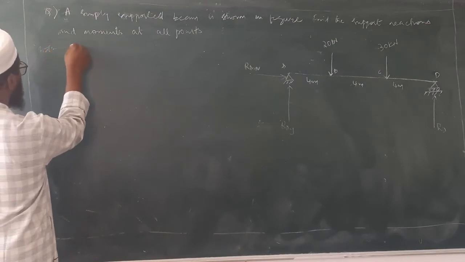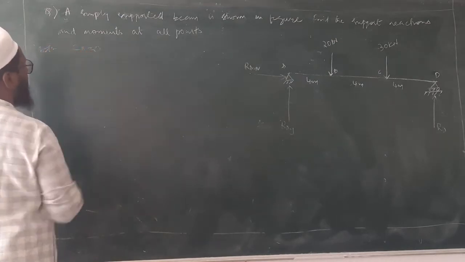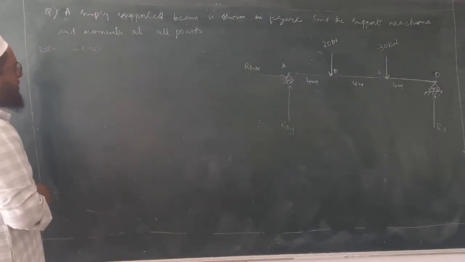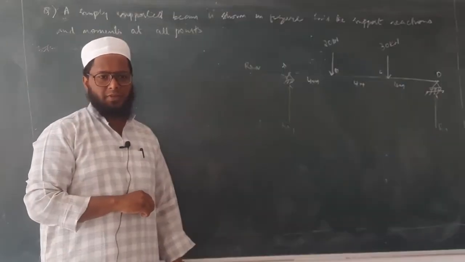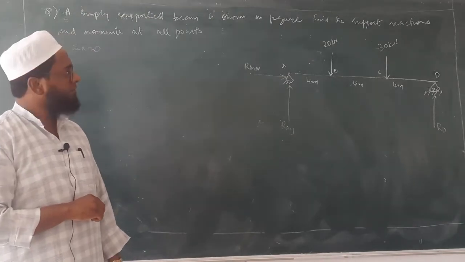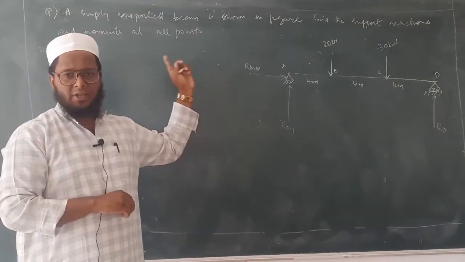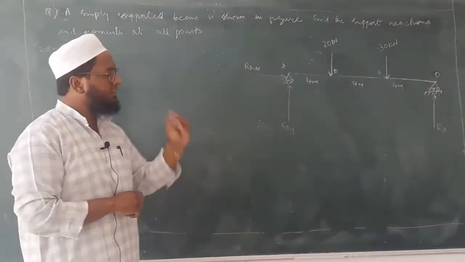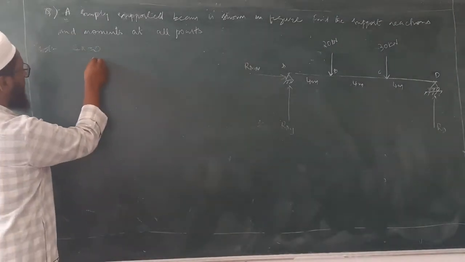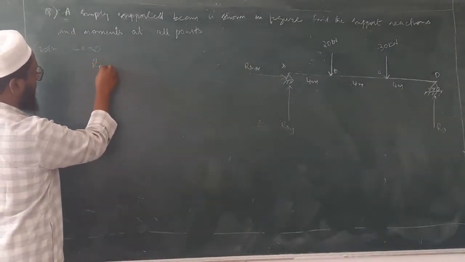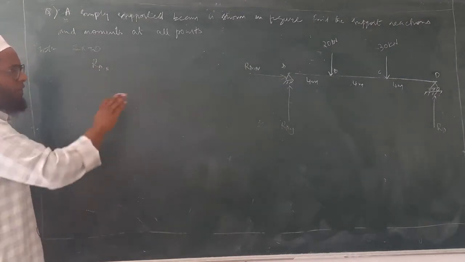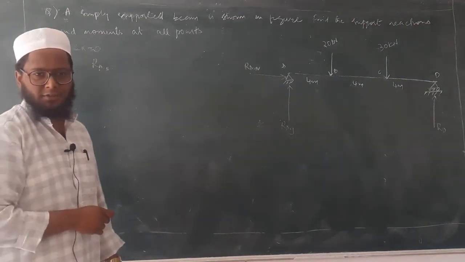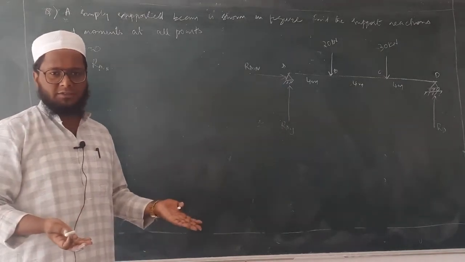What is the first equilibrium equation we can take? Sigma x is equal to 0. So how many horizontal forces can you see here? Only one force, which is going in the positive x direction, that is RAX. Plus RAX. What about another horizontal force? No horizontal force, isn't it?